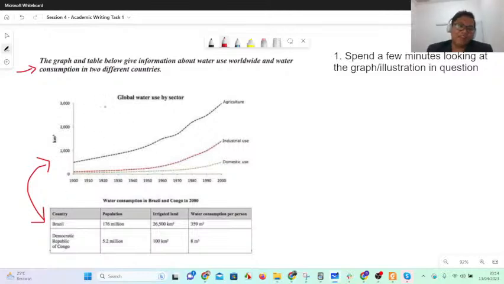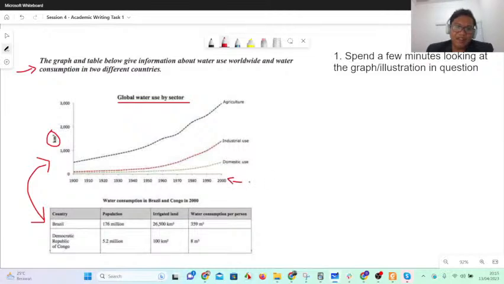And the first one is a line graph, or a dotted graph, entitled Global Water Use by Sector. So let's take a look at all the features, the legends. Pay attention to those. First things first is the y-axis. On the y-axis, you get the area, and then on the x-axis, you get the year.